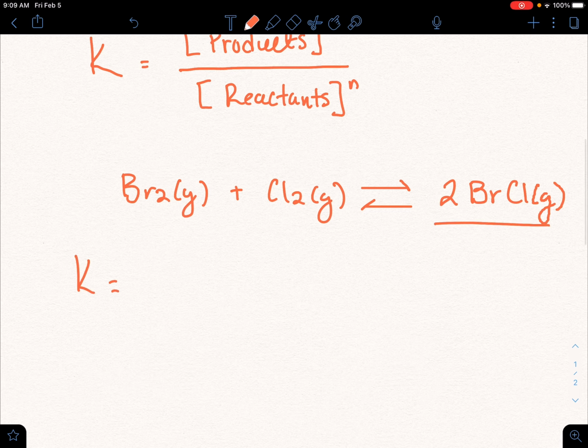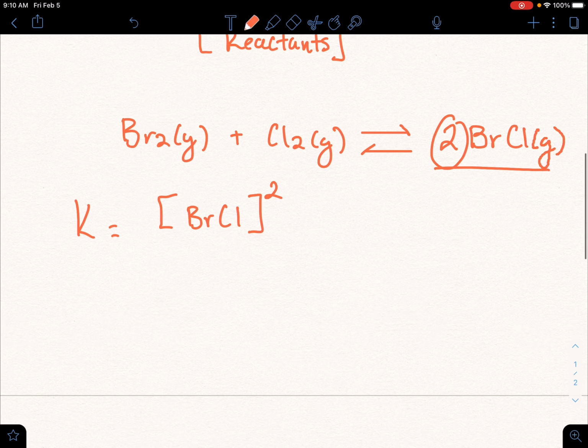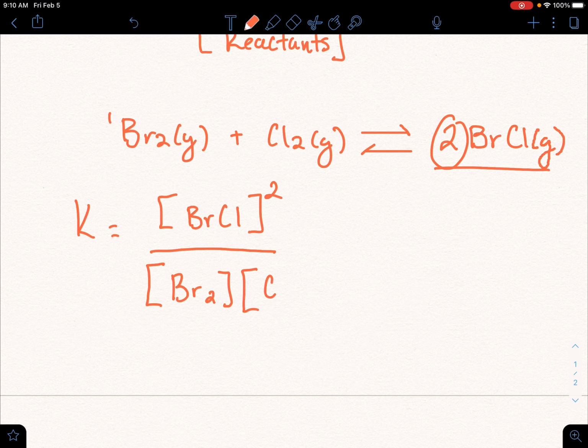We only have one product, so it's going to be the concentration of BrCl raised to the second power, because we need those stoichiometry ratios. This is where you can use the stoichiometry for K. And then we're going to do our reactants. It doesn't matter which order it goes. You can do Br2. There's no power associated with Br2, so we're not going to put anything, just assume it to be 1. Same thing with Cl2.